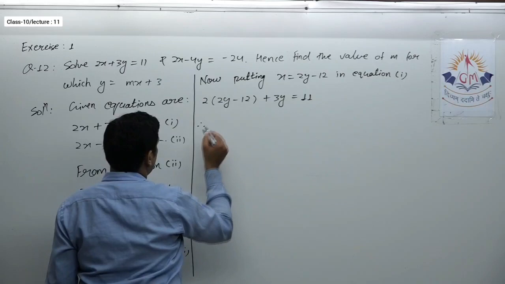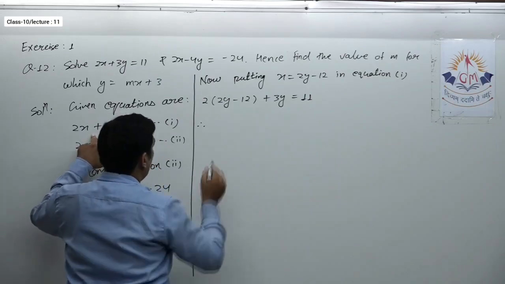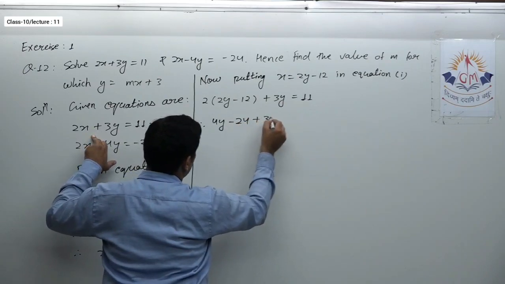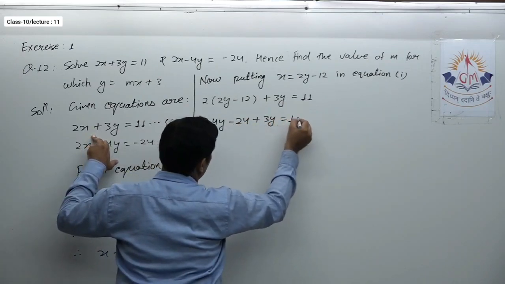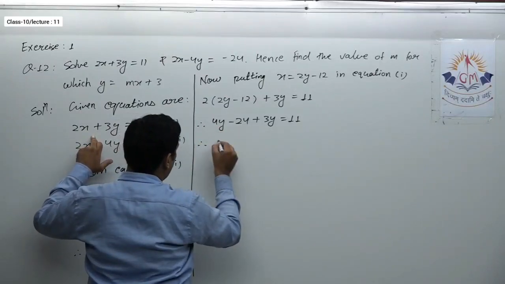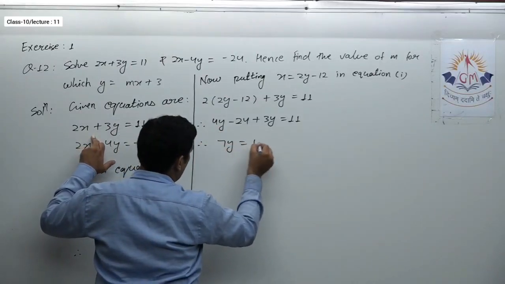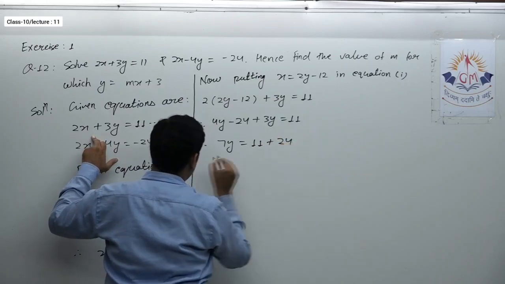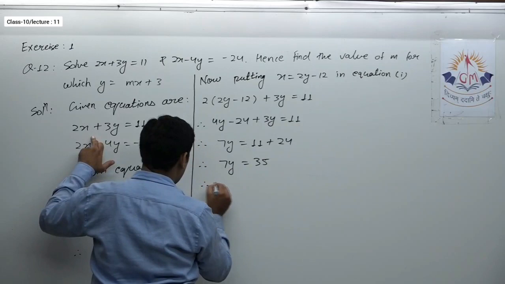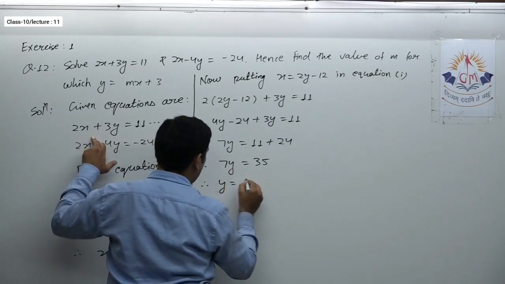So here I get 4y minus 24 plus 3y is equal to 11. Here 4y plus 3y gives you 7y is equal to 11 plus 24. 7y is equal to 35. So y is equal to 5.